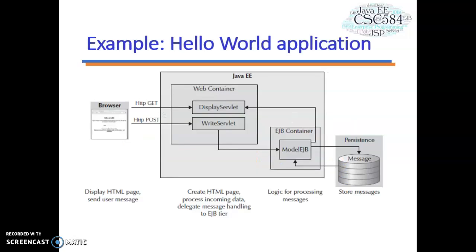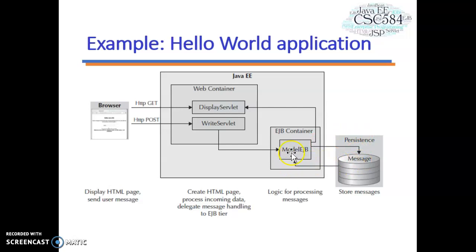So this is an example of a Hello World application. Basically, this is your browser. In the browser, it will display the HTML page and send the user message. It will invoke a request and send the GET to the web container, which uses the display servlet. The display servlet will go to the EJB container and send a message there, and it will process the message, and then store the data.